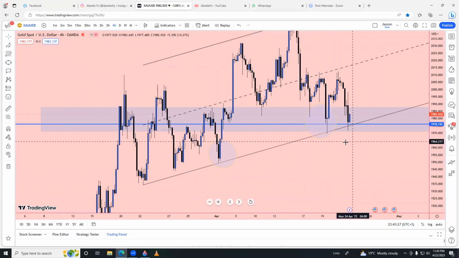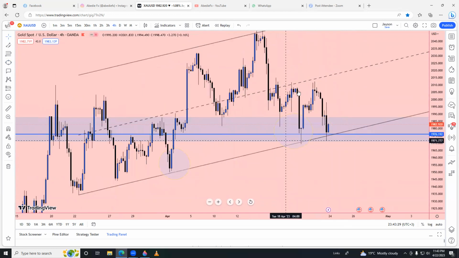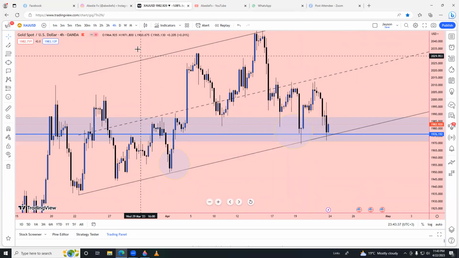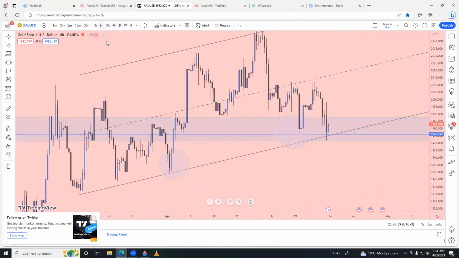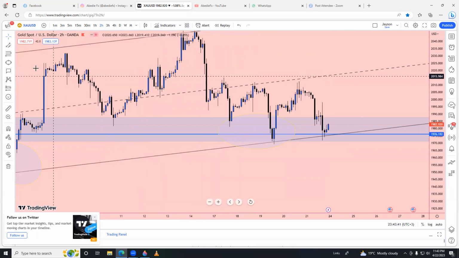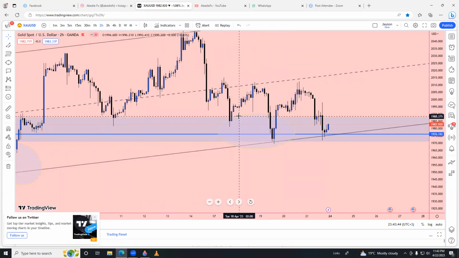Reversal patterns show you that we might go up, amongst others. So it's good to do research and know more. This one is also a channel. The next time it comes, it gives a reversal pattern for buys to go up. So even this one is a reversal pattern on the 2 hours. If you missed it on the 5 minutes, missed it on the 30, missed it on the 1 hour, and you had that knowledge, that idea that we are going up, it gave you an option for that, right?